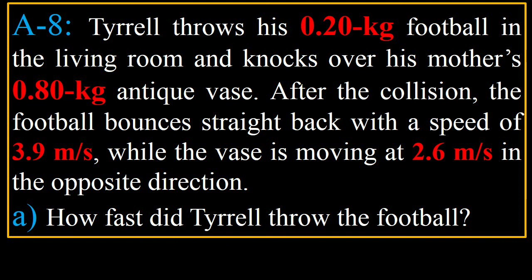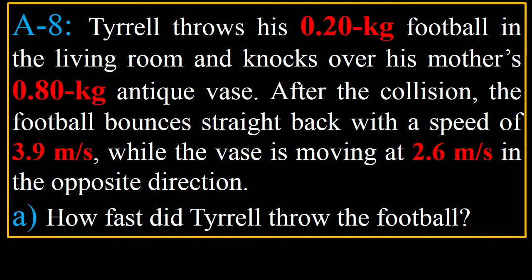8. Tyrell throws his .2 kilogram football in the living room and knocks over his mother's .8 kilogram antique vase. After the collision, the football bounces straight back with a speed of 3.9 meters per second, in the other direction, while the vase is moving at 2.6 meters per second in the opposite direction.